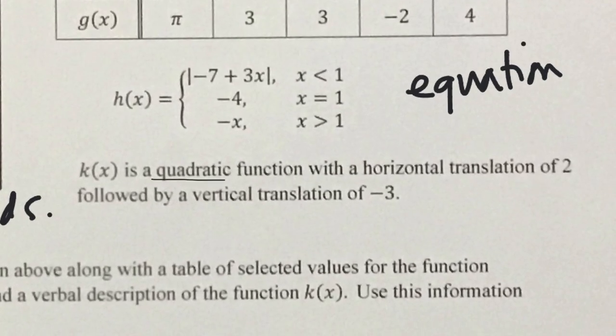K is a quadratic function, which means it's going to be squared. X is being squared, with a horizontal translation of 2 and a vertical translation of minus 3, which means it's being moved 2 units to the right. So how do we represent a 2-unit translation to the right for a quadratic?